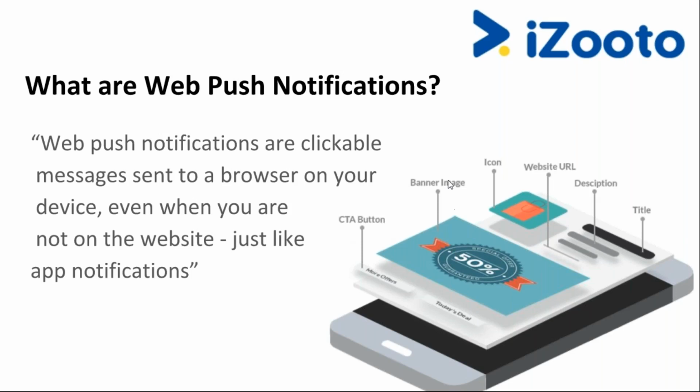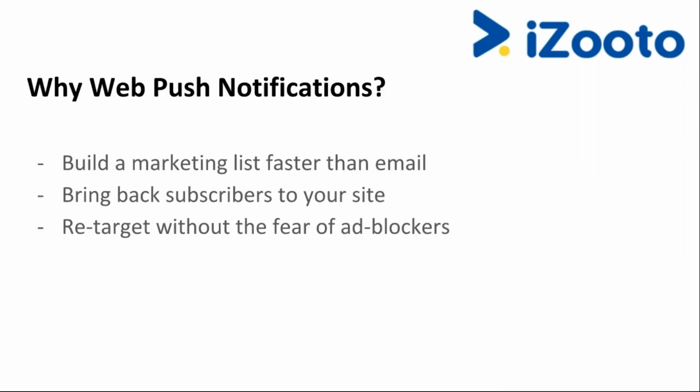Now, please note that this banner image is available only for Chrome 56 and above, while these call to action buttons are available from Chrome 48 and above only. Okay, moving forward.